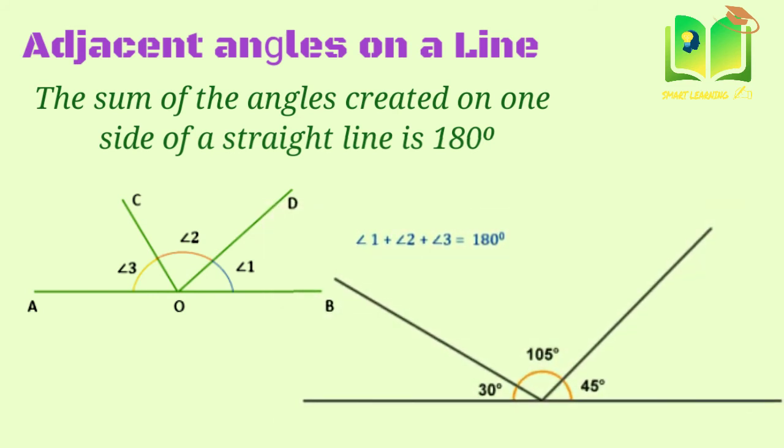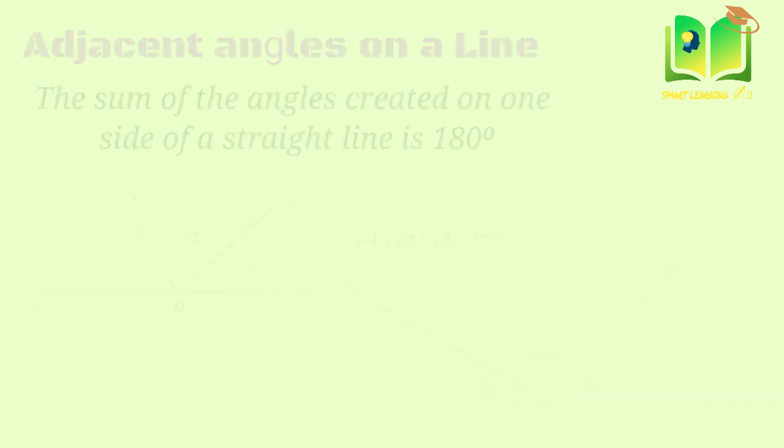Here the sum of 30, 105 and 45 degrees is 180 degrees, and all three angles are on one side of the straight line. So from here we can see also that the sum of the angles created on one side of a straight line is 180 degrees.